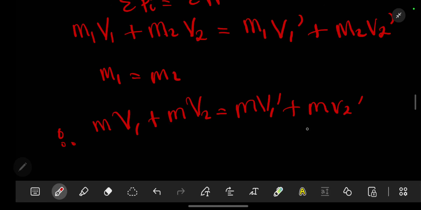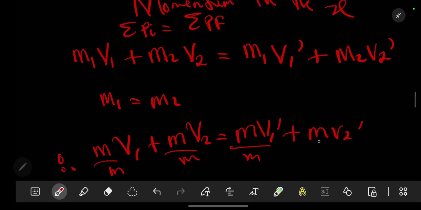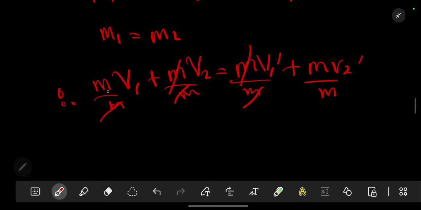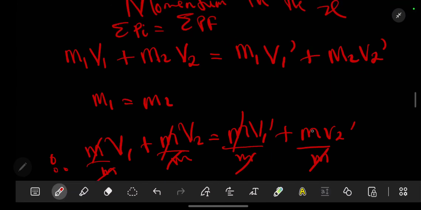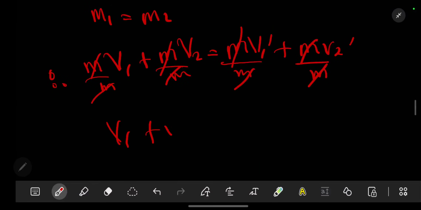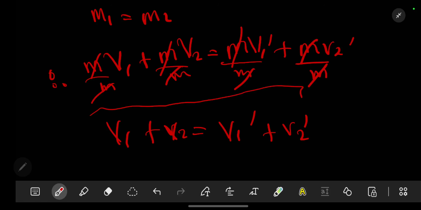In this case, m is common, so we are going to divide by m throughout. When we do this, we are going to have v1 plus v2 equal to v1 final plus v2 final.